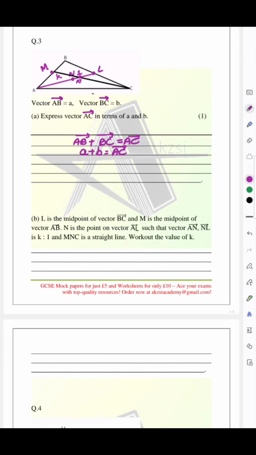If M and C is a straight line, let me remove this to make it clearer. This is N. This is the condition for points being collinear, that means all the points are lying on the same straight line.